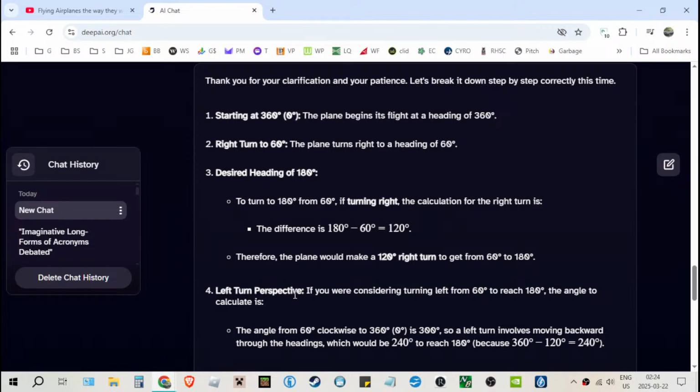Turning left perspective: if you were considering turning left from 60 to reach 180, the angle from 60 degrees clockwise to 360 is 300. I suppose so. So a left turn involves moving backward through the headings, which would be 240 degrees to reach 180 degrees.